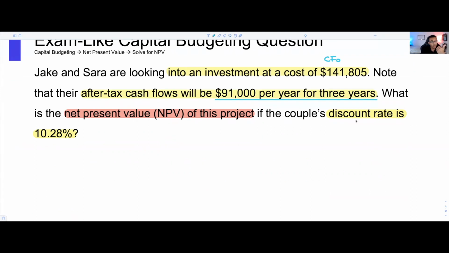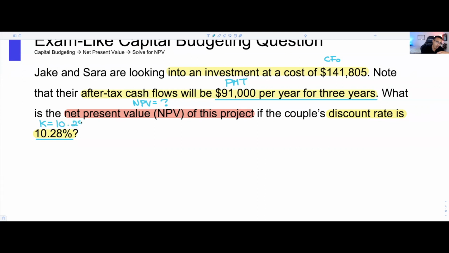So at T1, you'll be receiving 91K, at T2, you'll be receiving 91K, and at T3, you'll be receiving 91K. So that's amazing news. This is going to be our payment. And of course, you're solving for the NPV, so that's our unknown. And our discount rate is equal to 10.28%. So far, things are going good.